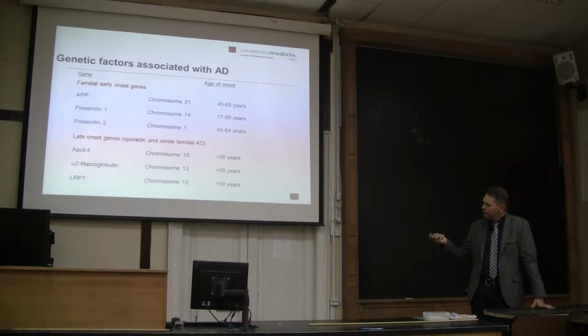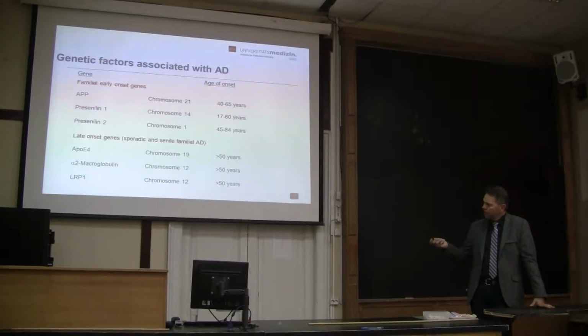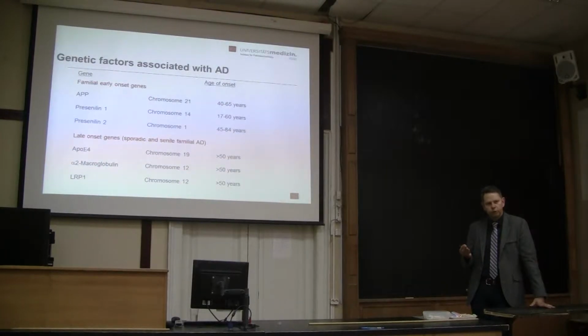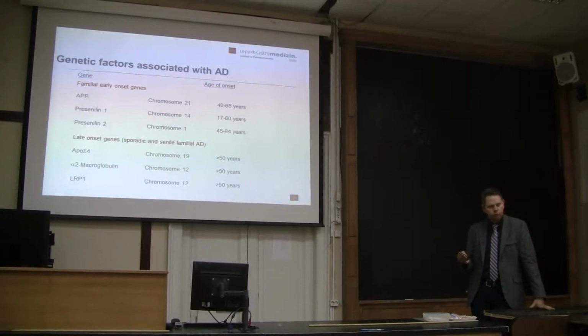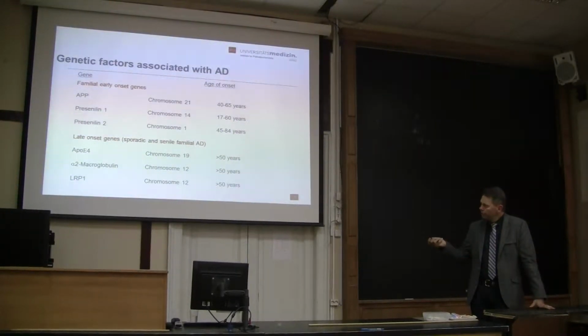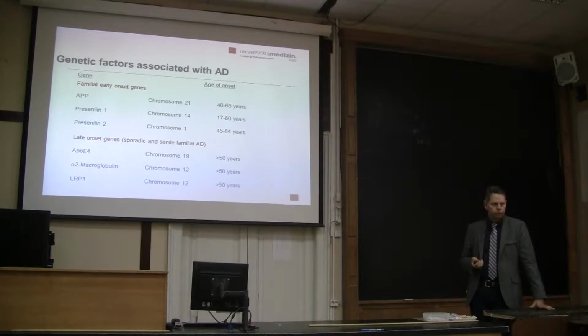At the same time, a number of publications came out which pointed to a genetic role of LRP1 as a marker gene for Alzheimer's disease. Well, I think this turned out not to be true.